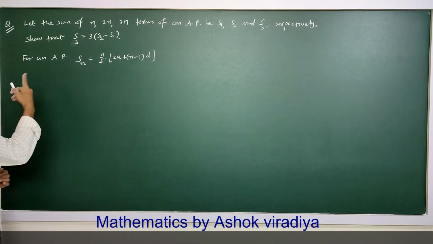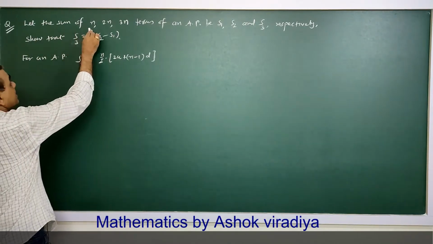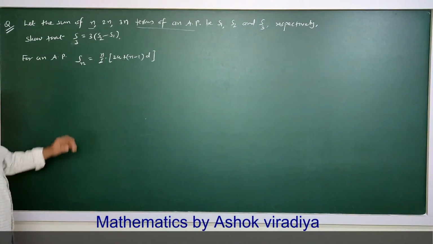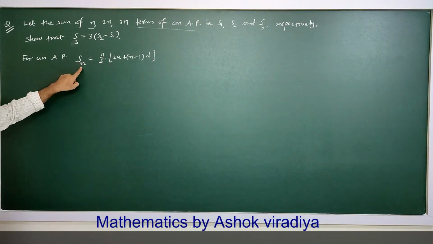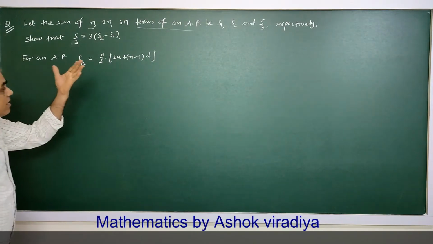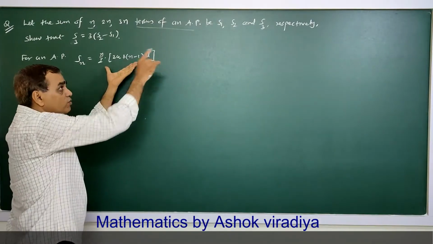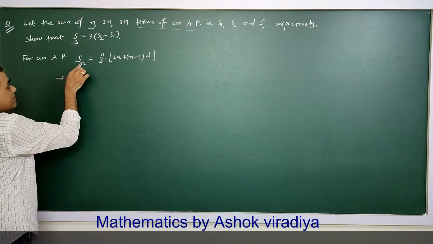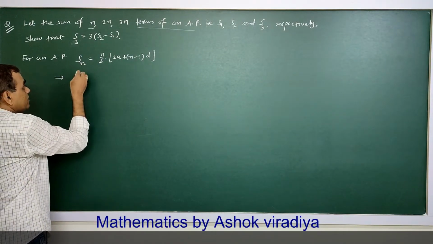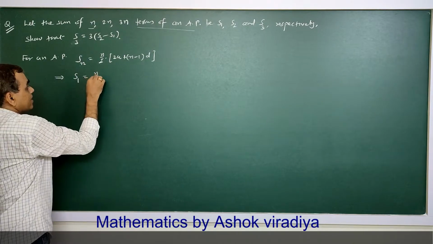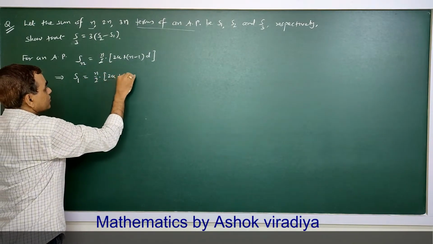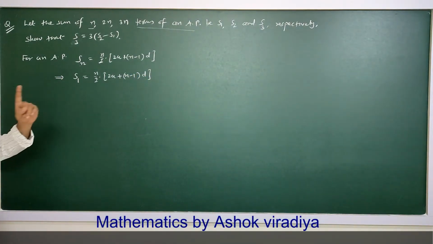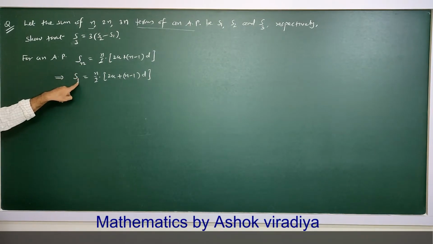Now here sum of n terms of an AP be S1. So this is sum of first n terms of AP. Its value is S1, that is given. So S1 is n by 2 into 2a plus n minus 1 into d. See, look here. I am not putting n equal to 1 here.